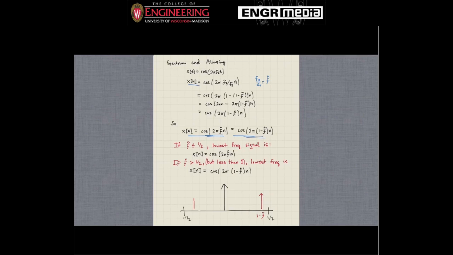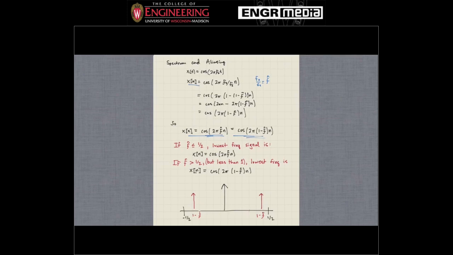So what I'm drawing here, right, is if f hat is greater than 1/2, but let's just say for now it's less than 1, then we don't see the signal at frequency f hat, we see it at a frequency of 1 minus f hat.